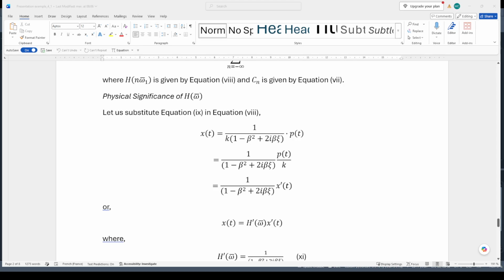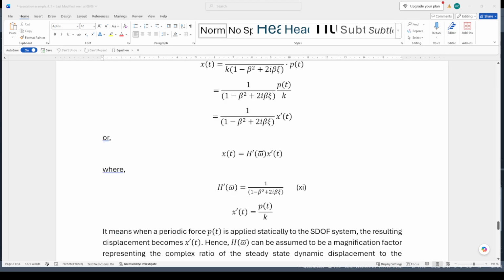So let us substitute equation 9 and equation 8, so x(t) is equal to this, and we can make this passage and arrive at x(t) equal H prime omega bar times x prime(t).